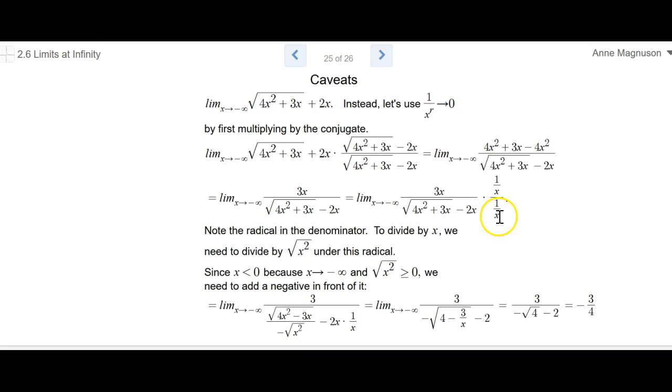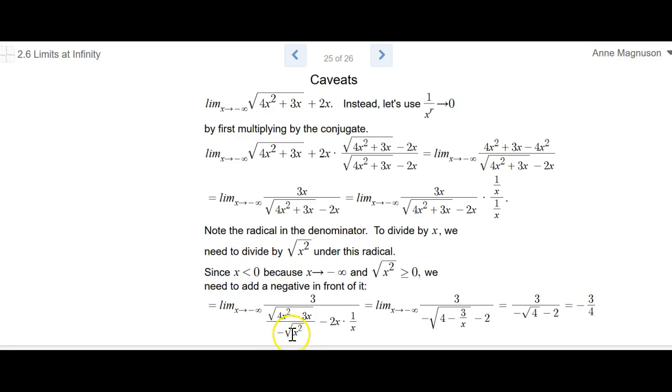So to have the equivalent of dividing by x, we're going to divide this radical term by negative square root of x squared. And then this other term we can just multiply by 1 over x. So this first term in the denominator can be simplified to be negative square root of 4 minus 3 over x. This term is negative 2, so this evaluates to minus 3/4.